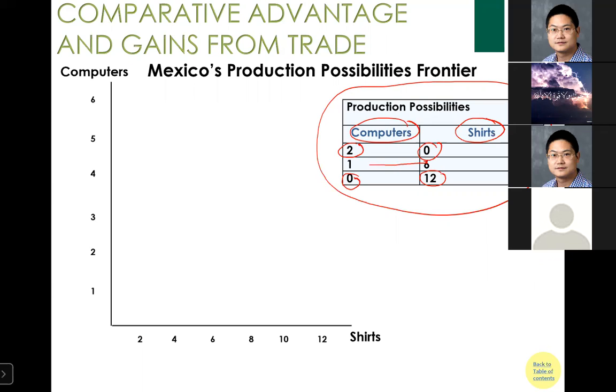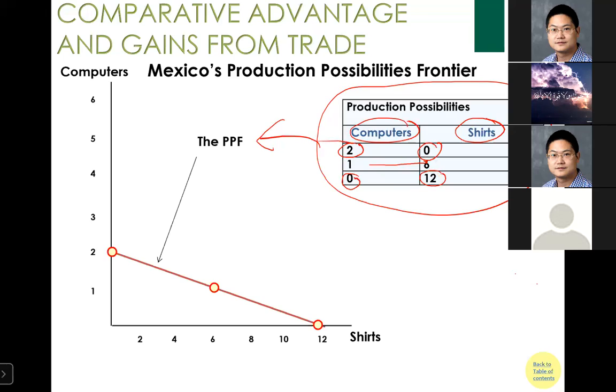Next we are going to put those data points on the diagram, and we will see a diagram similar to what we've seen in previous class. There are 3 dots corresponding to each row in the table. We connect them, and we have a PPF.